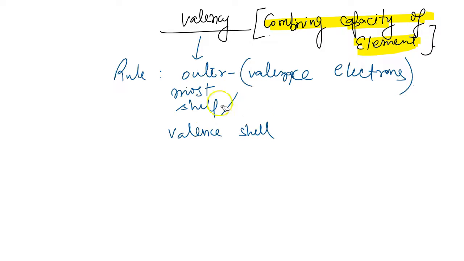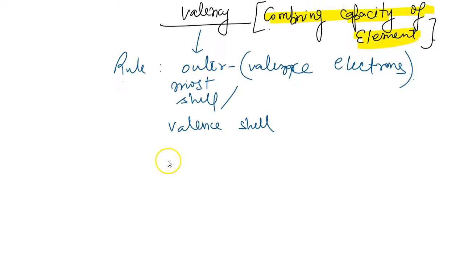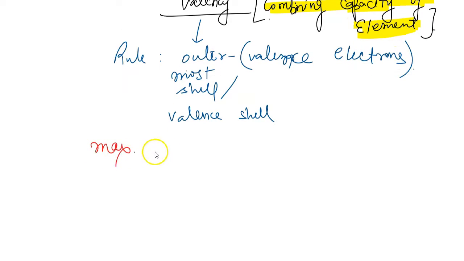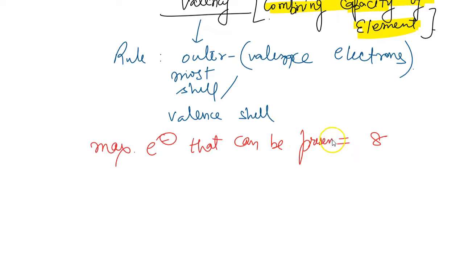So what can be the maximum number of electrons that can be present in the valence shell? It is 8. I am talking about the valence shell. That means there is no shell after this. So it is 8.